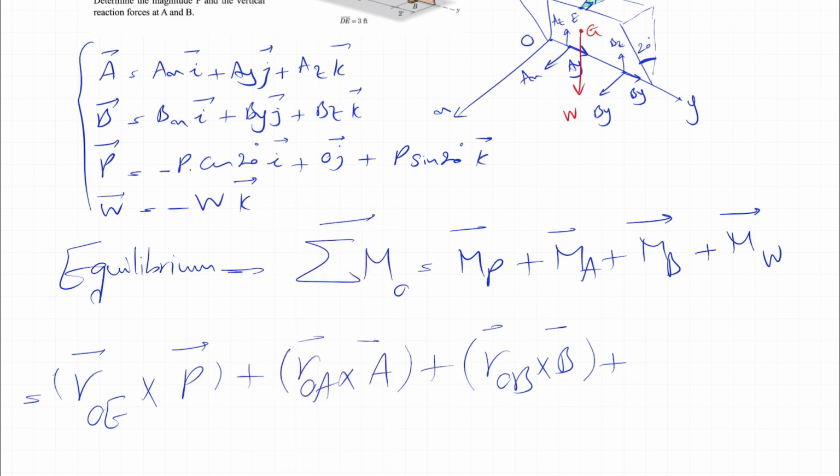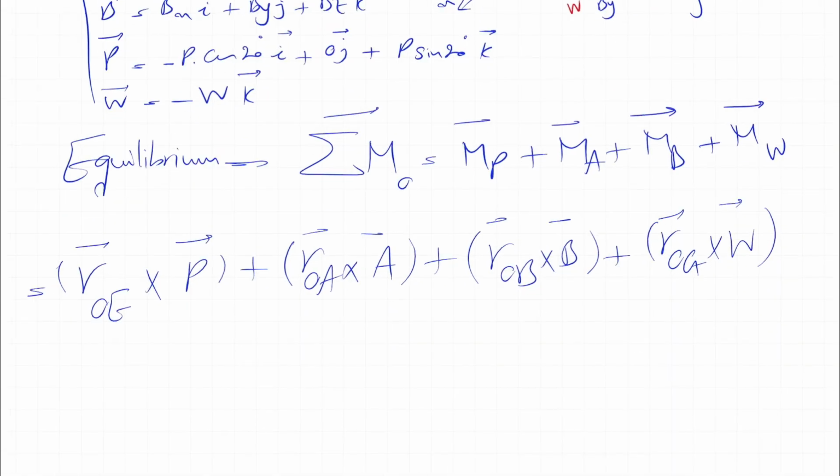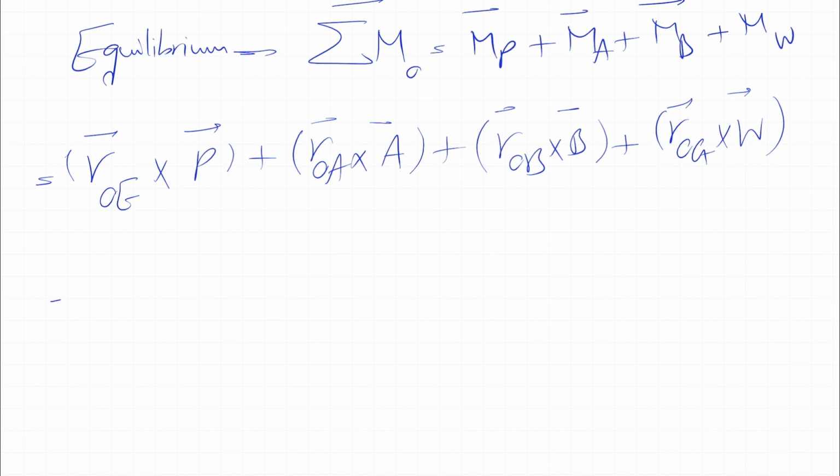Let's call that point G, which is the center of gravity for the sheet, which we know is exactly at the center of the rectangle that we see. So here we have ROG cross W.